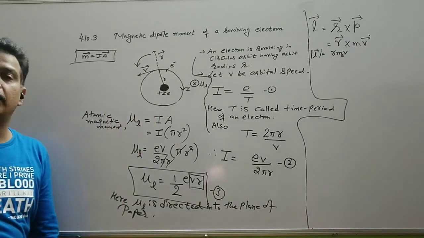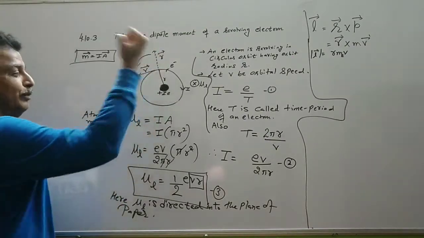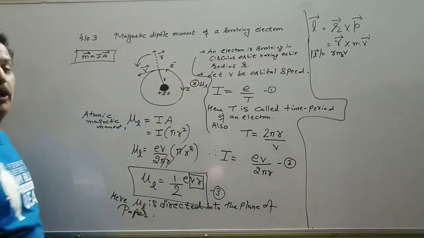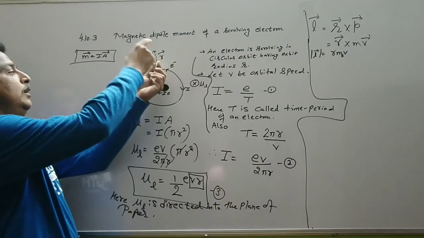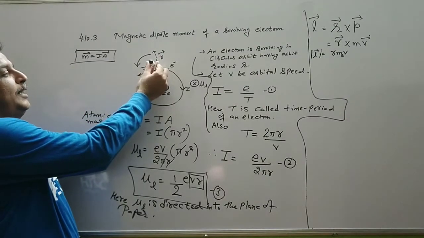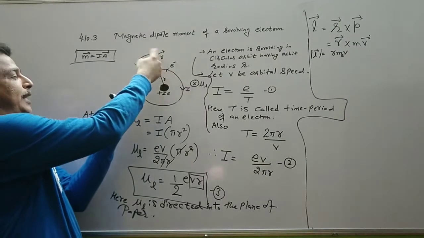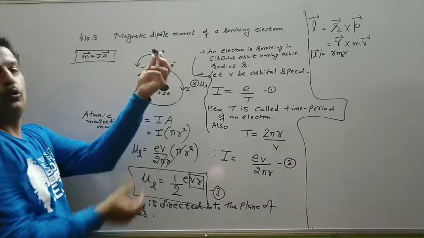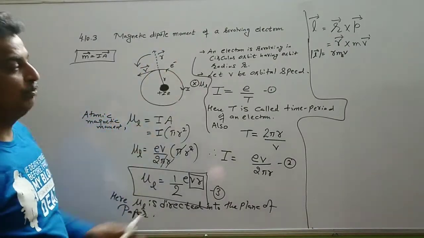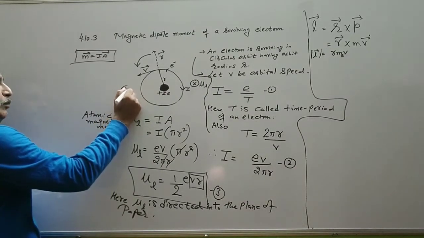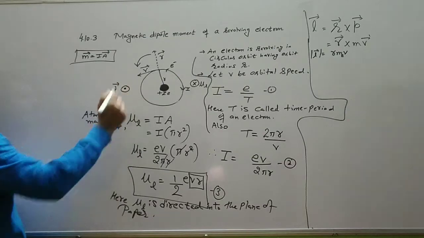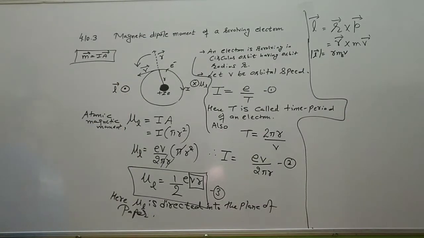So angular momentum is coming out from the plane of paper. Magnetic moment was going into the plane of paper. Or if I rotate the screw anti-clockwise, because r has to fall on v, the screw will come out, that is coming out from the plane of paper. So the direction of the angular momentum is coming out from the plane of paper, that is radially outward.